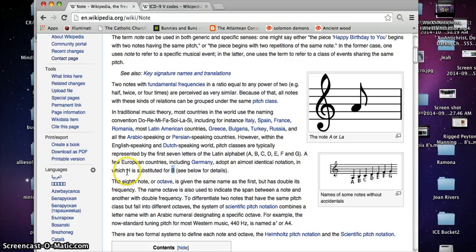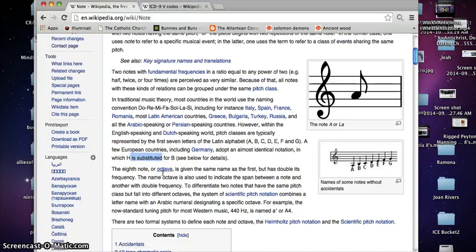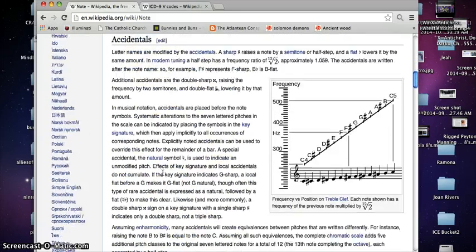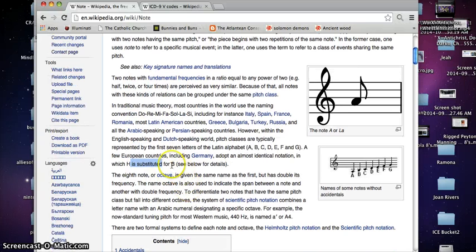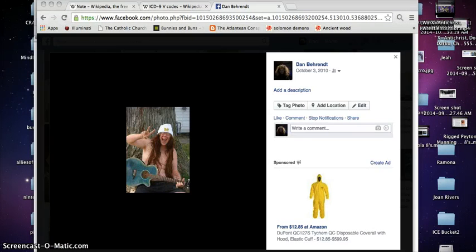H is the 8th letter, and it's substituted for B. You can scroll down and find out why, and it talks about Denmark and some other things. But I just wanted to point out another time that H actually represents B, and they both represent an 8 as well.